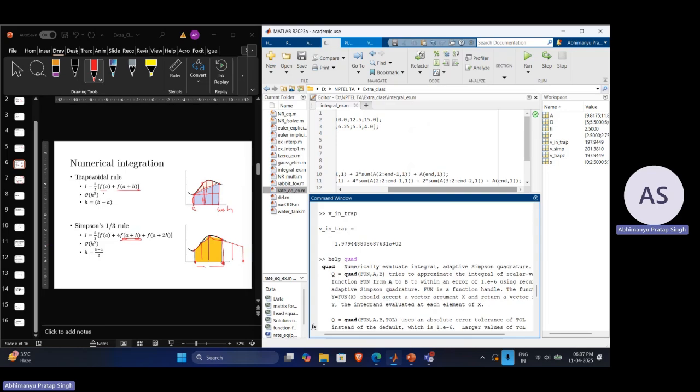In the trapezoidal rule, this h is constant, whatever value we give. Even in the inbuilt MATLAB function trapz, the h value is constant, based on the distance between the two x values. In adaptive quadrature, we change this h value adaptively based on some error tolerances. Okay, so you can go through the documentation and look into more details on this part.